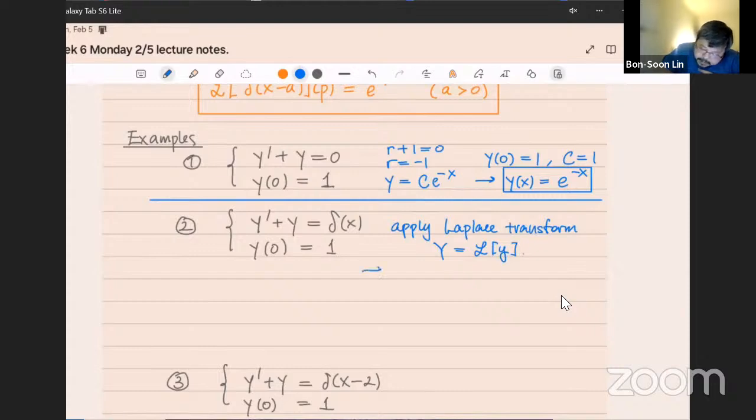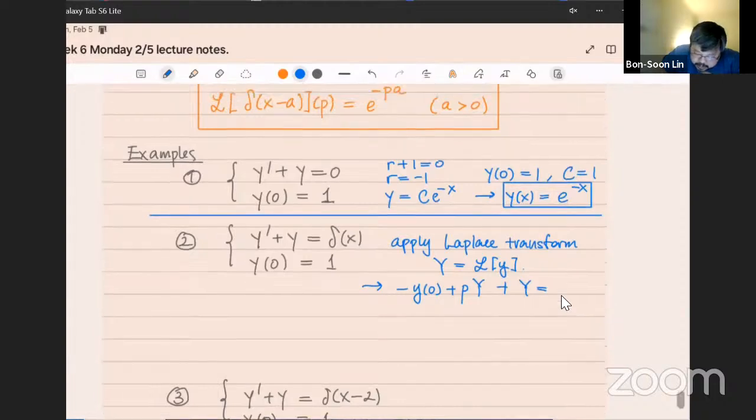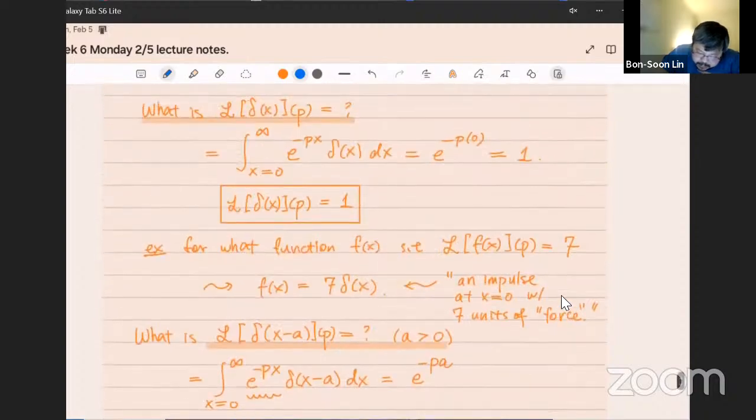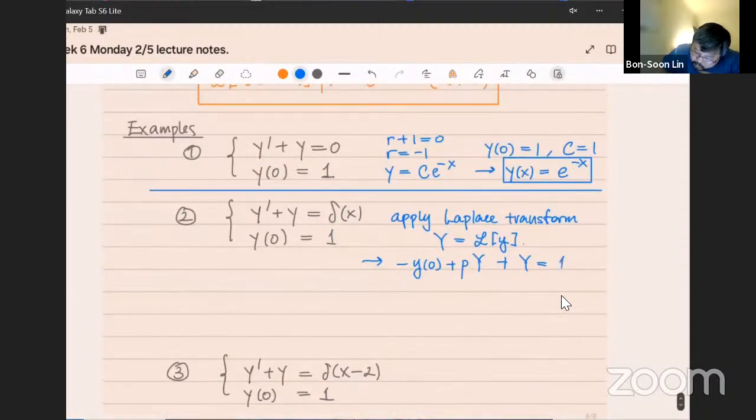So applying Laplace transform to the differential equation, y prime becomes negative little y of 0 plus p times big Y, plus the Laplace transform of little y, which is just big Y, equals the Laplace transform of delta x. Well, what's the Laplace transform of delta x? It is 1. So we put down 1 here.